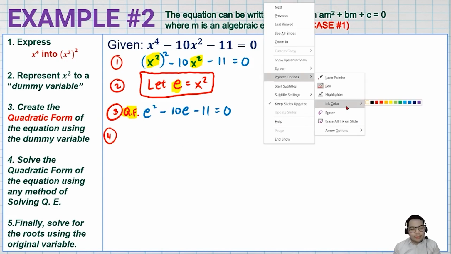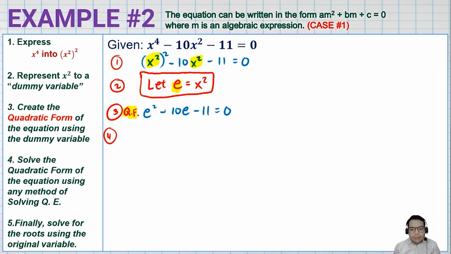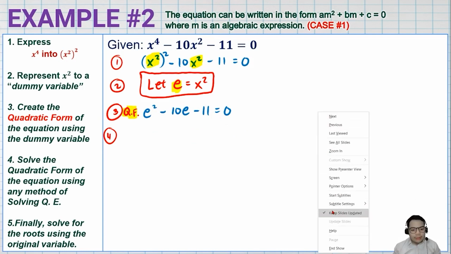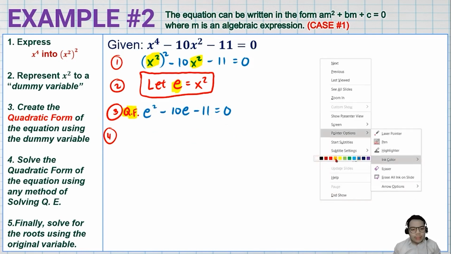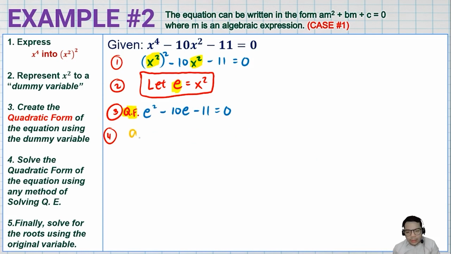So, first step in quadratic formula is identifying if it is in standard form. Mukha naman nasa standard form na siya. Second is to identify the values of A, B, and C. So, dito, ano kayang A natin? A is equal to 1. Then, B is equal to negative 10. Then, C is equal to negative 11.